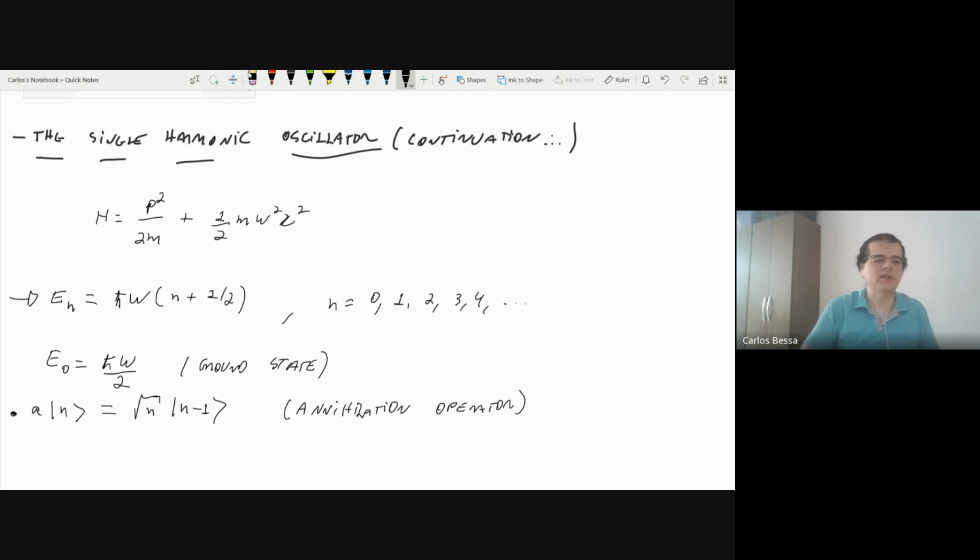Because when n is 0, this would be 0 times this one. And a dagger is called the creation operator, that we showed. It's like this.